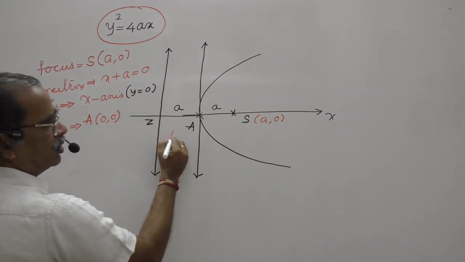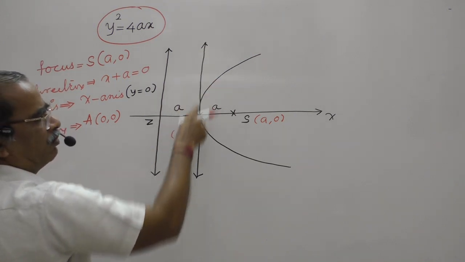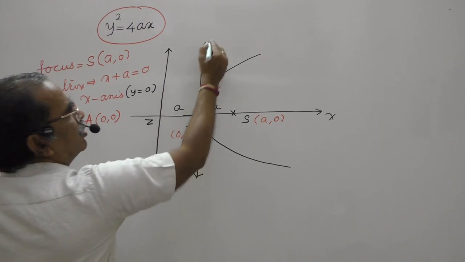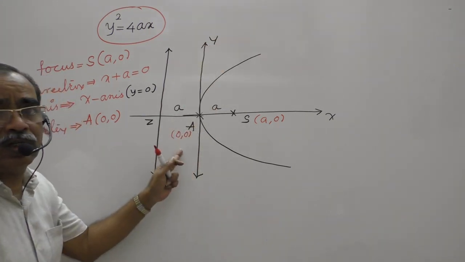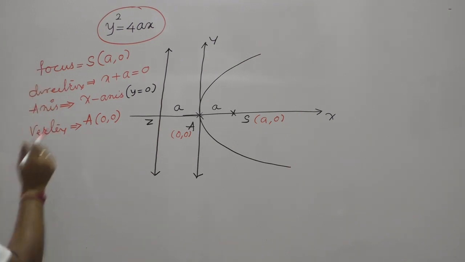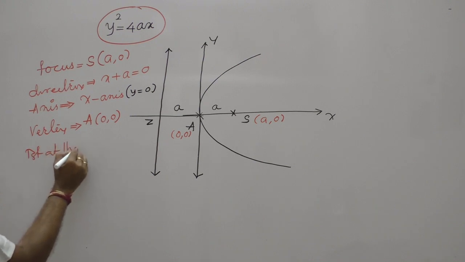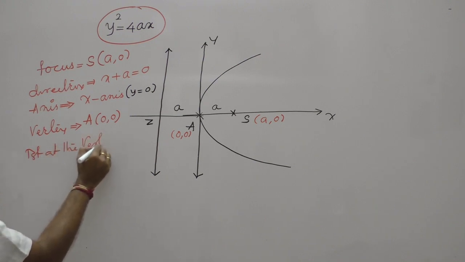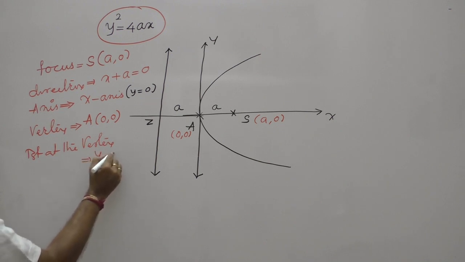The y-axis is touching the parabola at (0, 0), which is the vertex. Therefore, this line is called the tangent at the vertex. Tangent at the vertex is what? The y-axis.